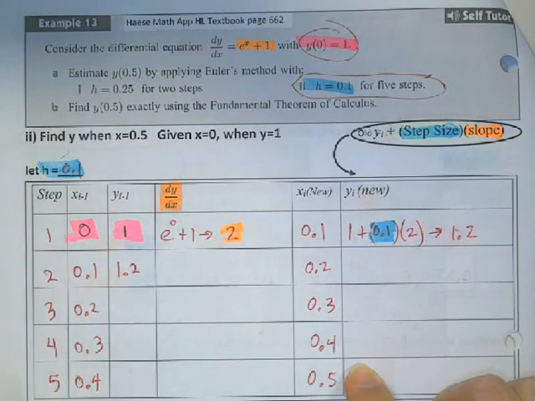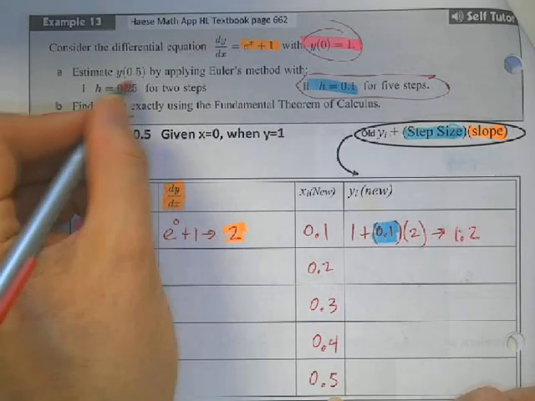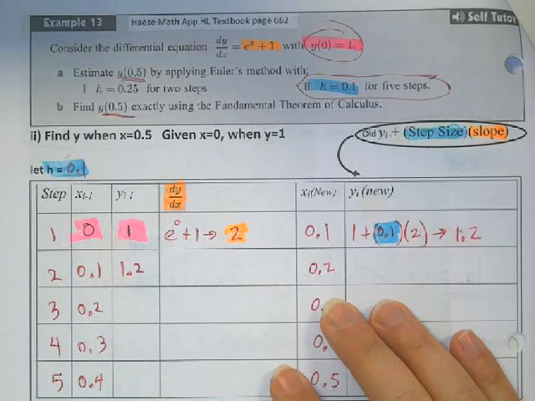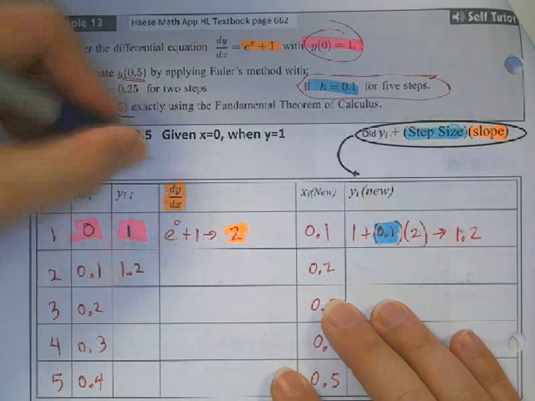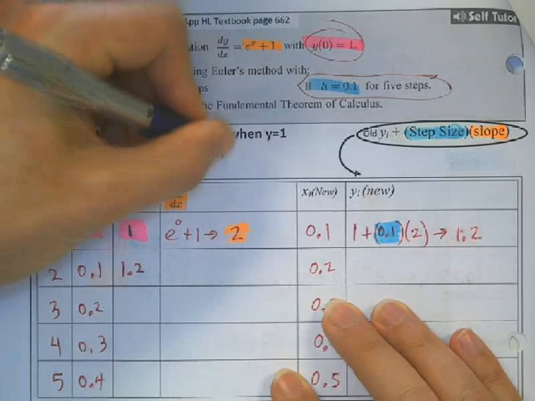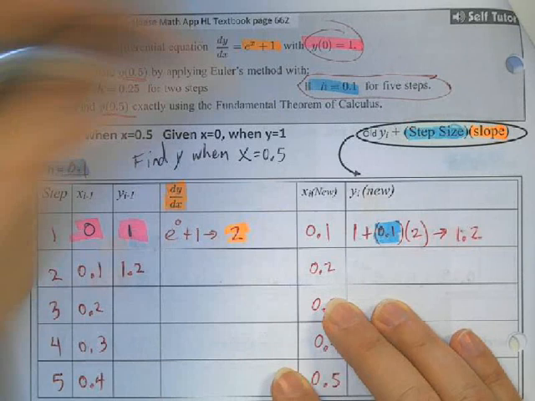We're going to stop there because we want to find the y value when x equals 0.5. That's the whole reason we're doing this.